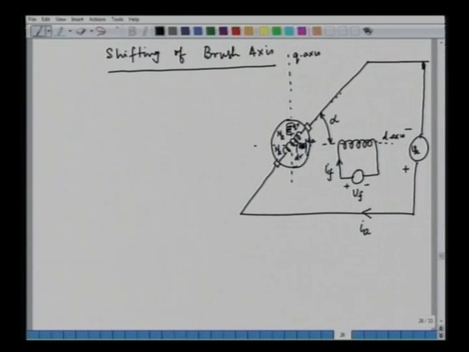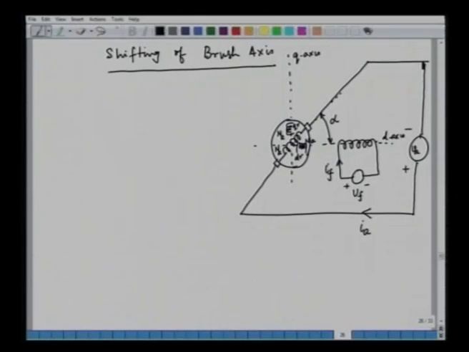What we want to do here is the following: since we have the armature winding in some arbitrary axis inclined with the D axis at an angle alpha, we can simulate that by having a D axis rotor winding, that is Dr, and a Q axis rotor winding, that is Qr, and the number of turns of this Dr and Qr will be the same as that of the original armature winding, that is Na.